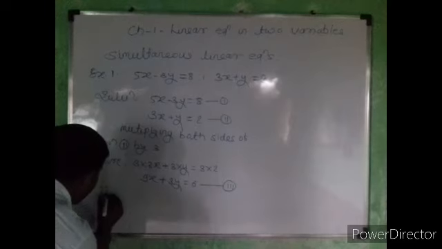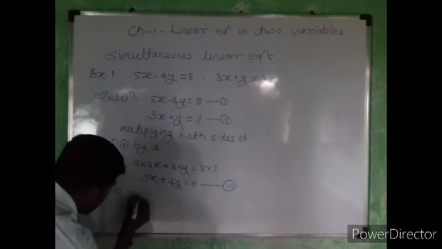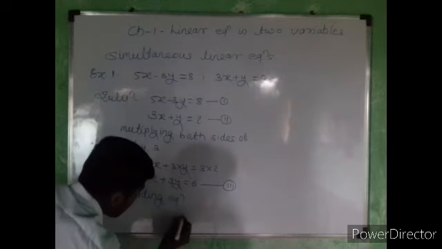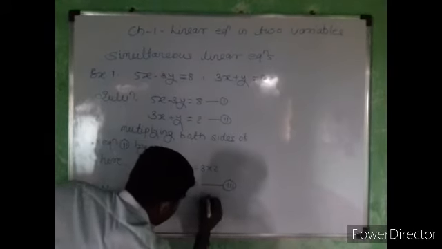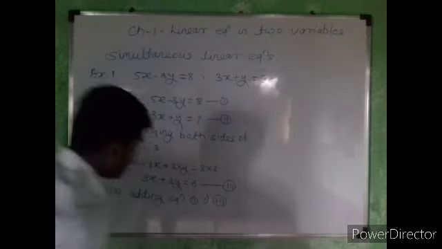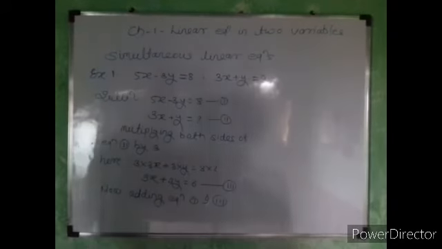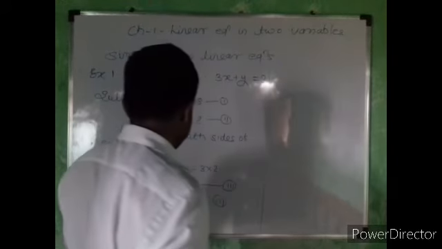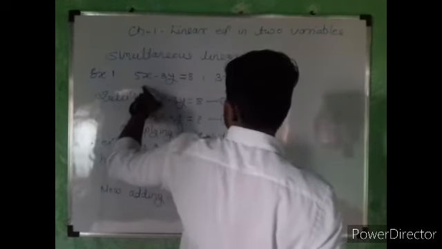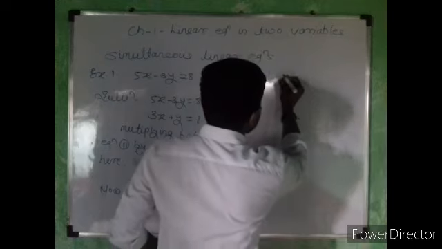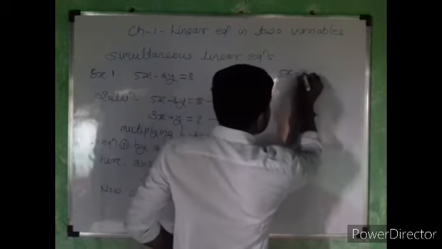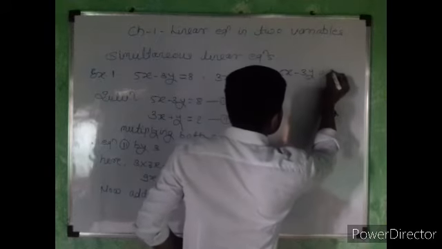Now adding equation 1 and 3. 5x minus 3y is equal to 8.